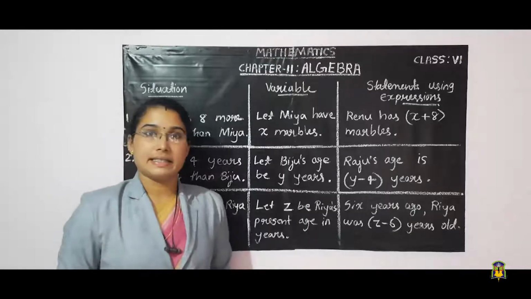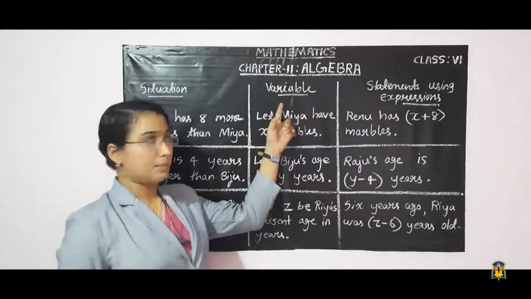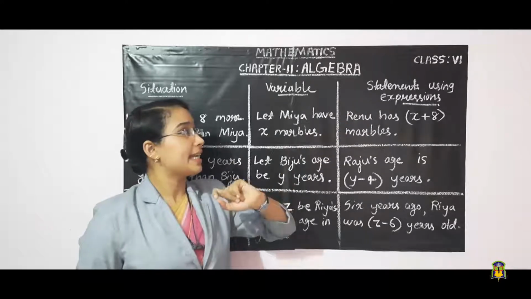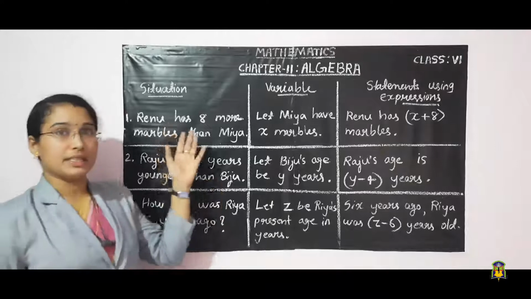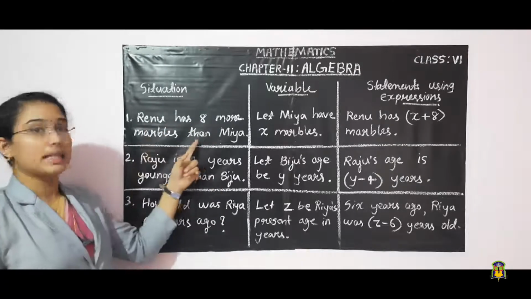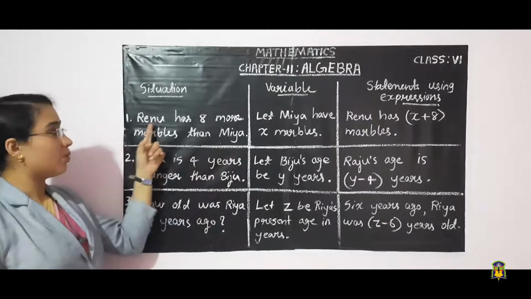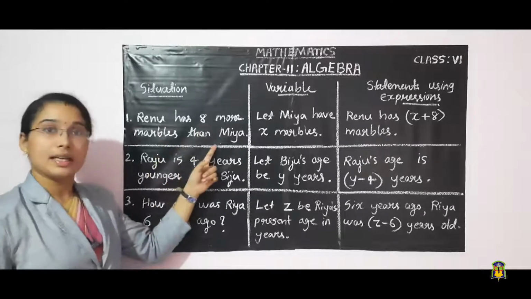Okay. Next we can discuss some daily life situations and how we can write the variable and write the statements using expressions. So here, the first situation is Renu has 8 more marbles than Mia.